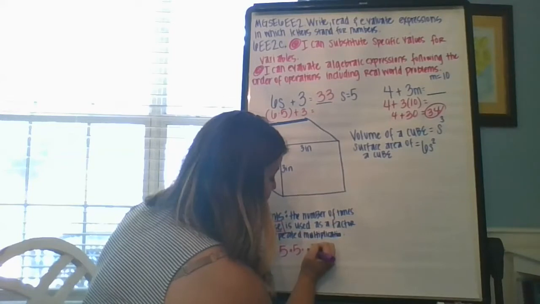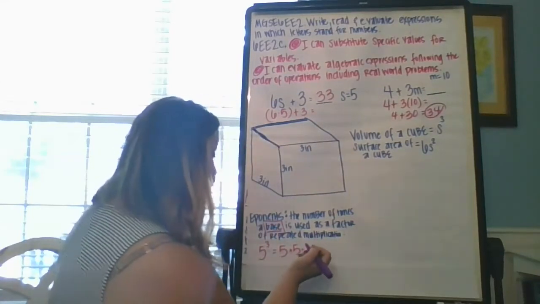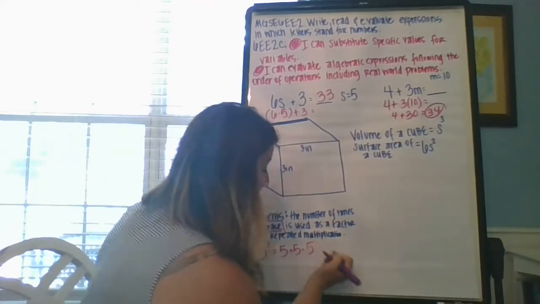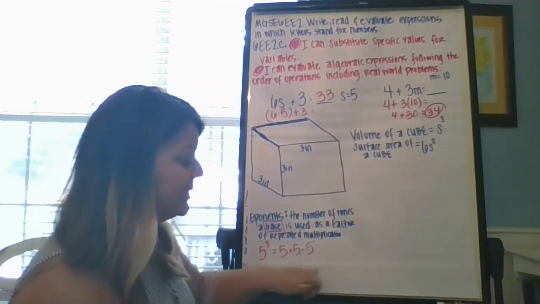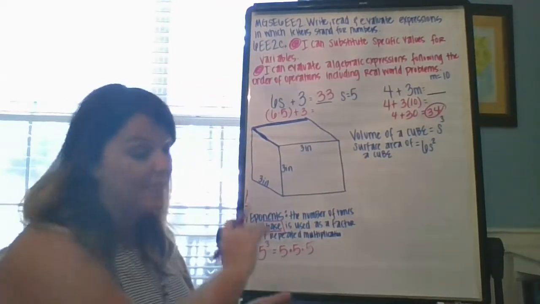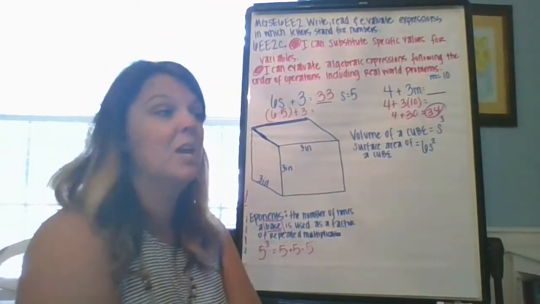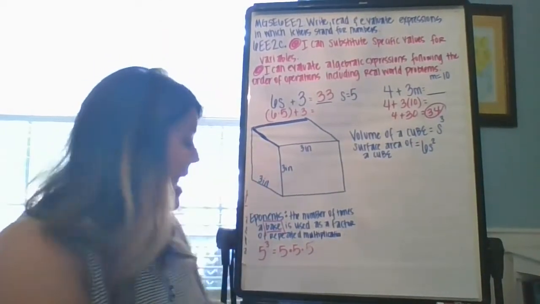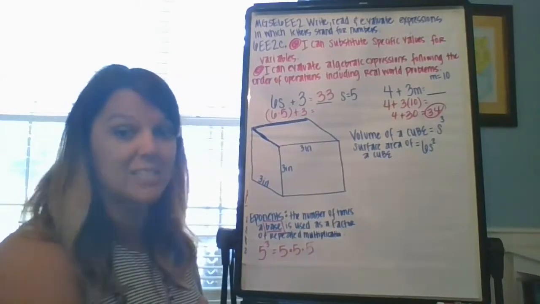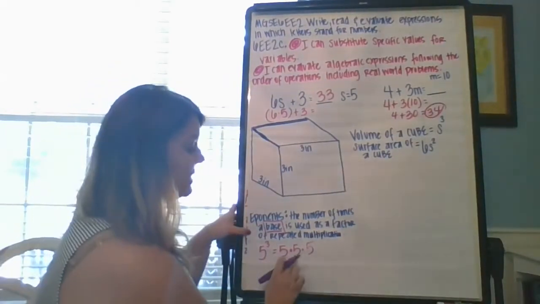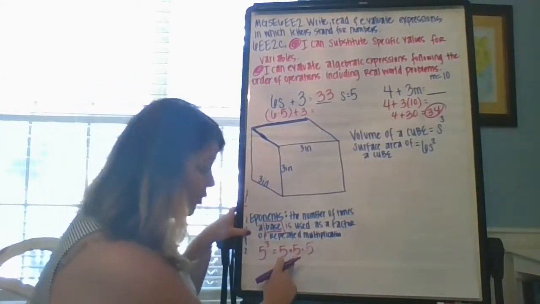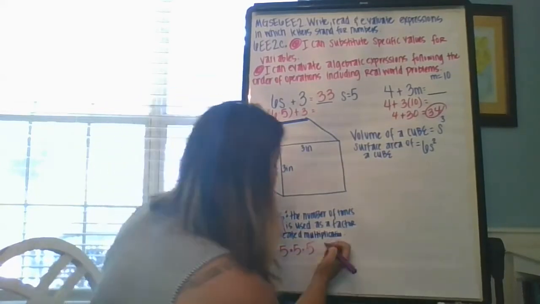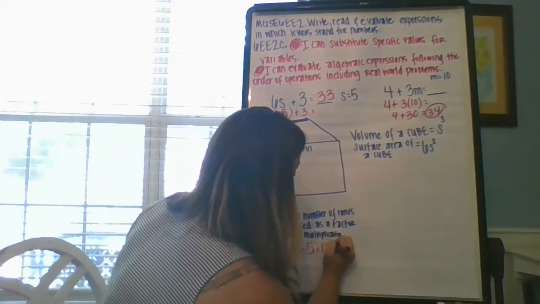The exponent is 3, so I'm going to multiply the 5 times itself 3 times. 5 times 5 times 5. Now, do not be confused with 5 times 3, because 5 times 3 is 15. And 5 to the third power is 125. 5 times 5 is 25, and 25 times 5 equals 125.